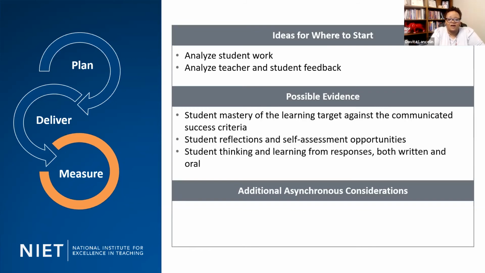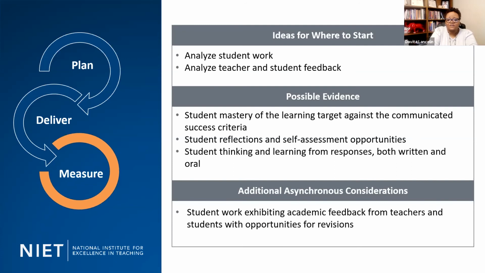This evidence could come from the observer using the student work to assess student mastery of the learning target against the communicated success criteria, maybe even taking note of student reflections and self-assessment opportunities, as well as using evidence of student thinking and learning from responses both written and oral.